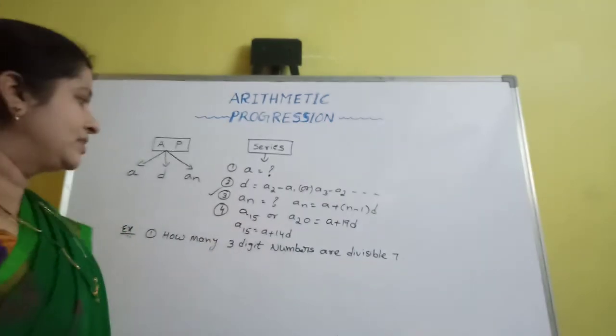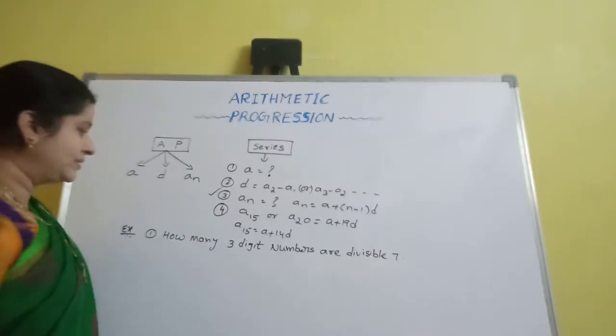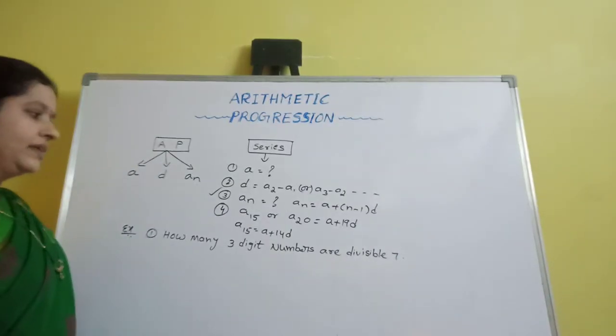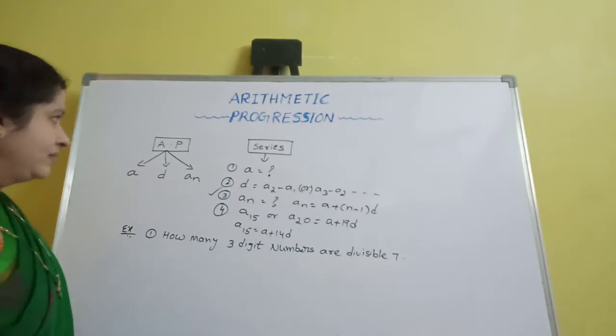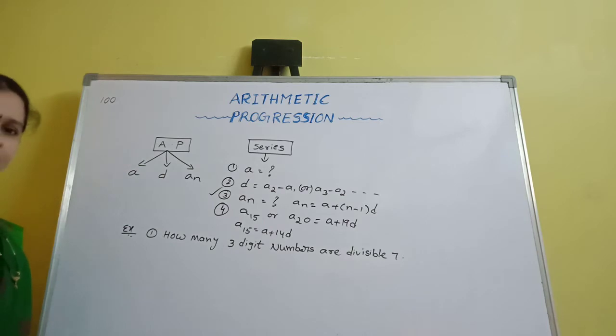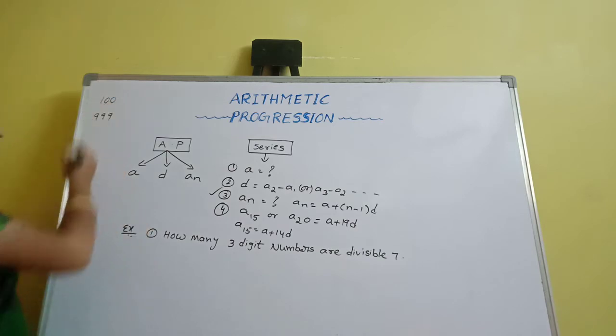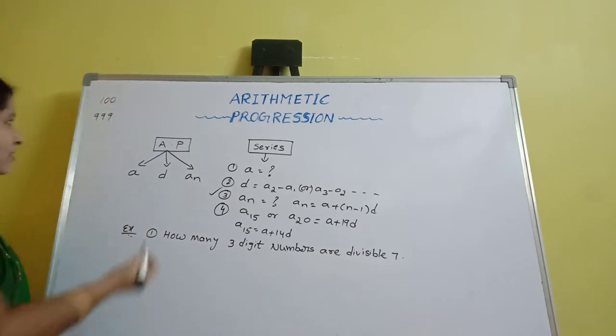How many 3-digit numbers are divisible by 7? Divisible by 7 means, what is the first 3-digit number? 3-digit numbers start with 100 and end with 999.